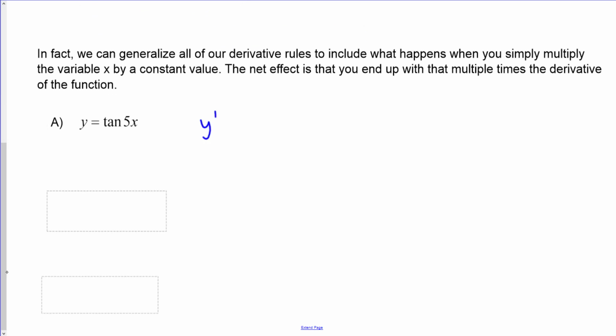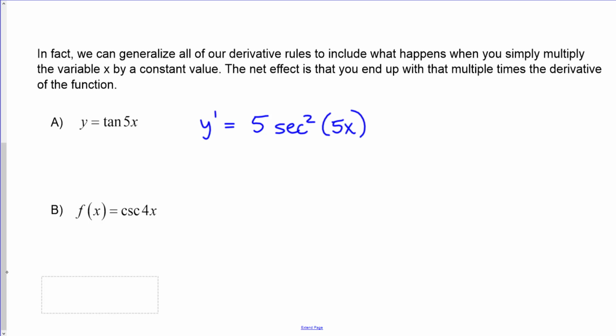The derivative here, the derivative of tangent is secant squared. So it's going to be 5 secant squared 5x. So put the constant multiplier derivative out front, then just do the derivative of the outer function.